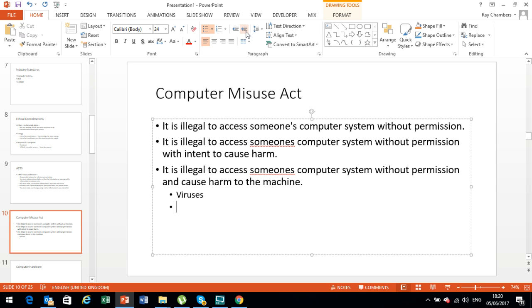They may also use password crackers, brute force programs that cause harm. So these are all different areas that you can consider, okay? And that's just a quick rundown of computer systems.